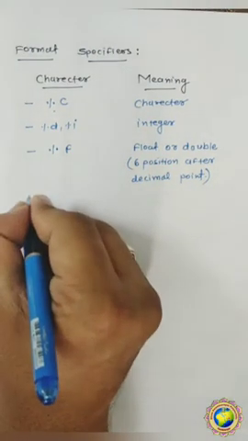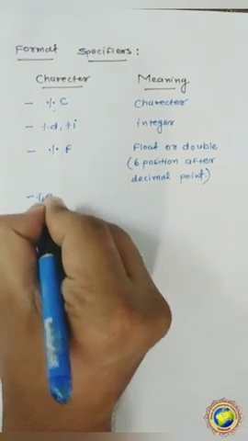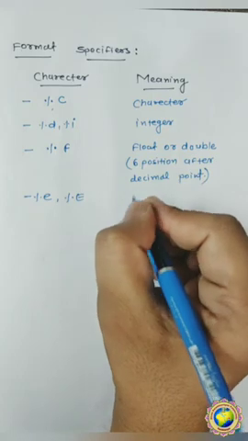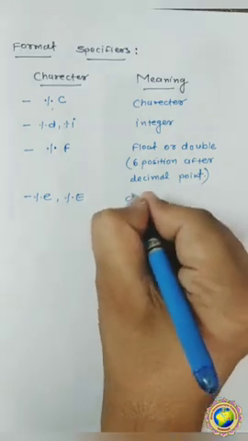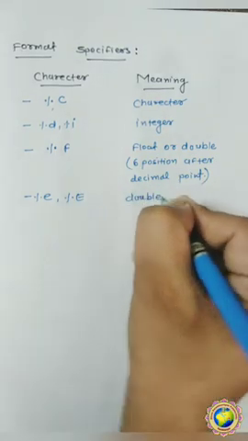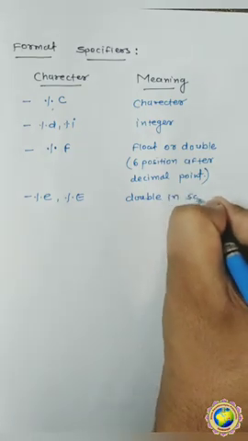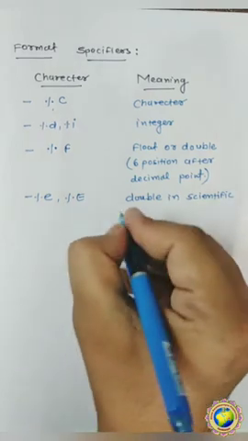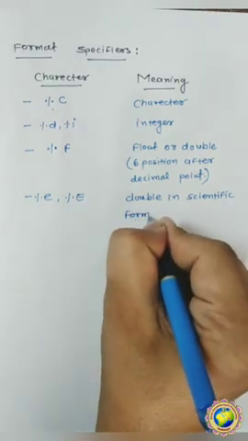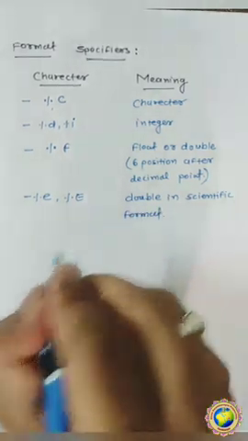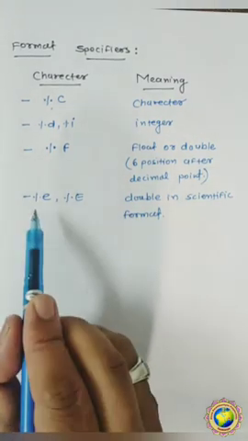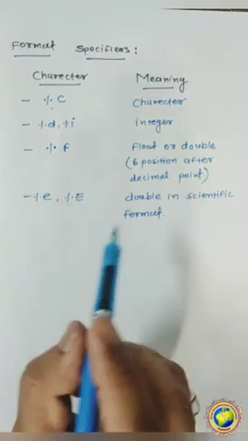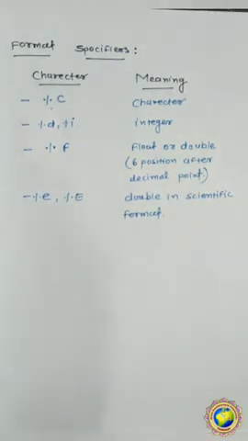Then the next one is %e or %E, which is used for a double in scientific format.